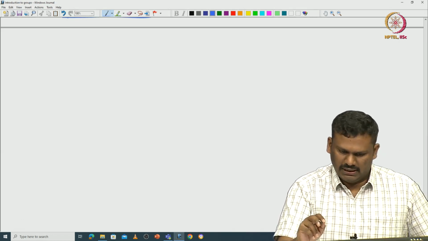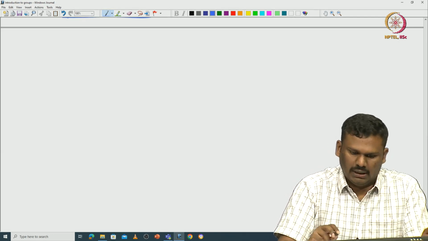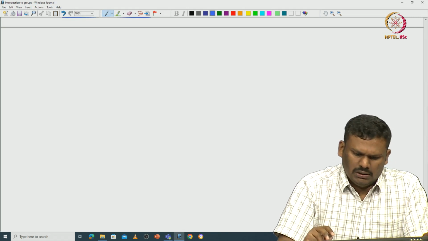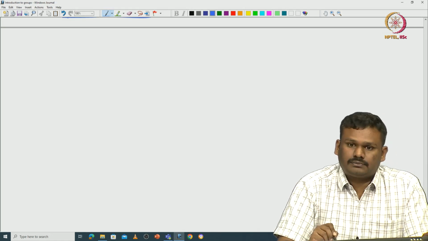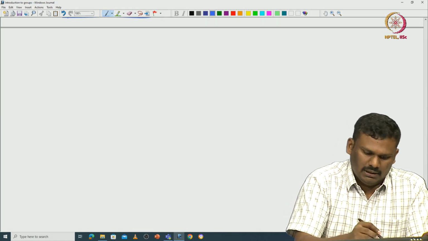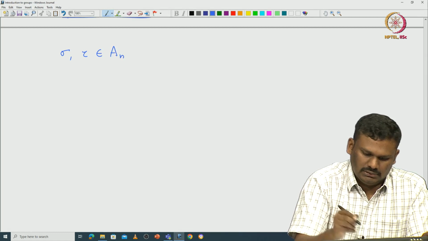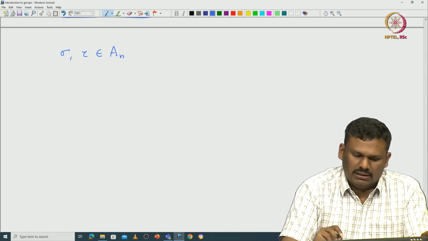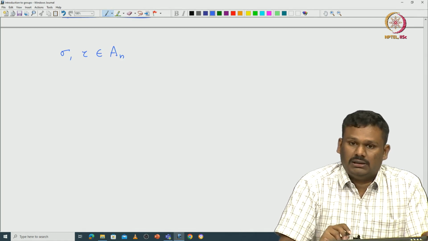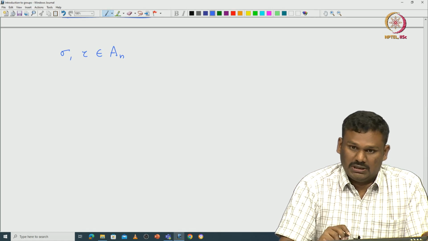Sometimes we need to work with the alternating group as well. Take, for example, some elements sigma and tau in An. Because sigma and tau are in An, they can be written as a product of an even number of transpositions.